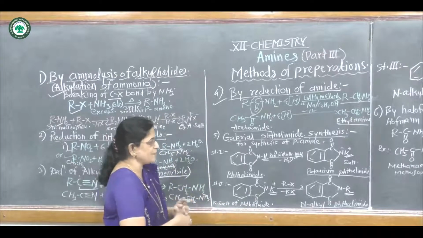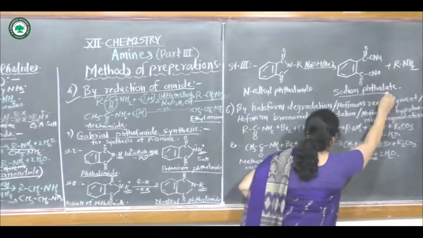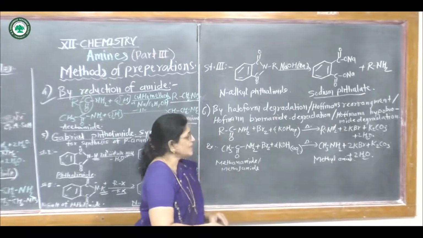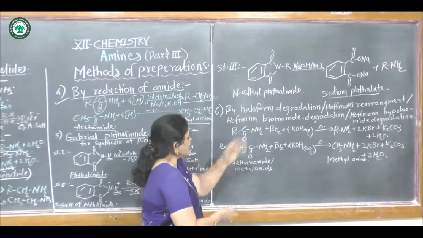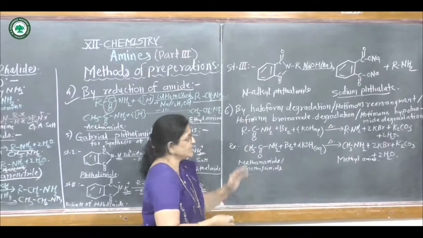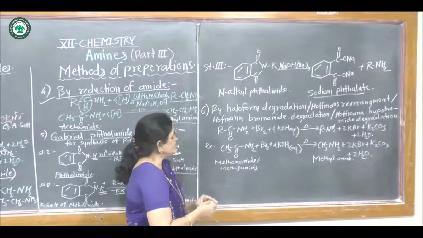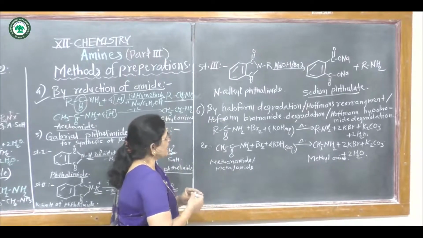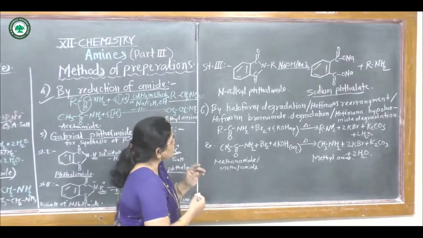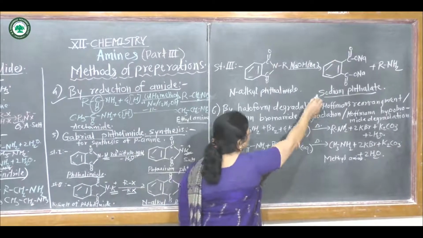Then in the third step, that is formation of sodium phthalate and primary amine, this N-alkyl phthalimide, which is prepared in the second step, gets converted by reaction with alcoholic aqueous NaOH, and it gives sodium phthalate.